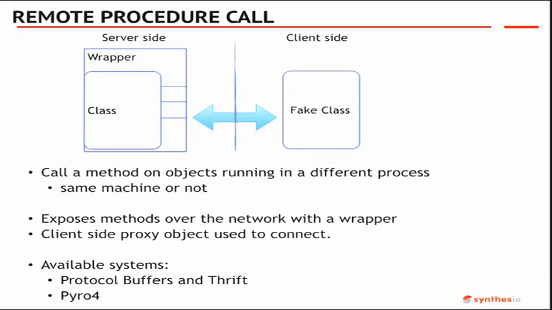So you create a wrapper around your class, around your object, and through a service, it will basically connect. Any other process can create a proxy object that will emulate all the methods from this other object, which is somewhere in a different machine or in a different process, and you can call it as if it was local.